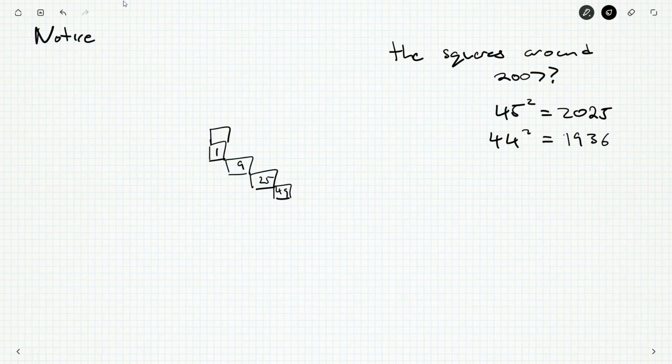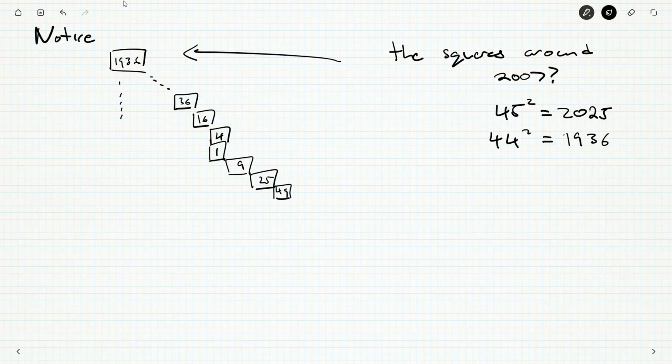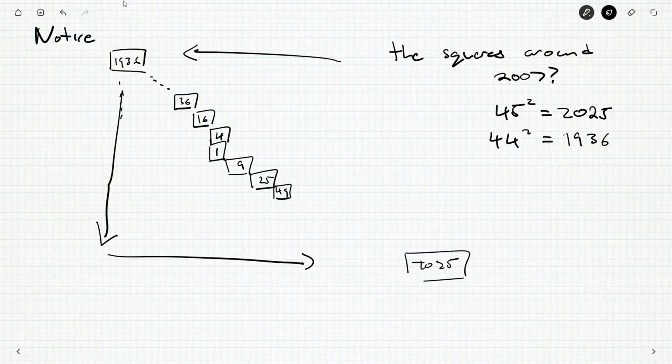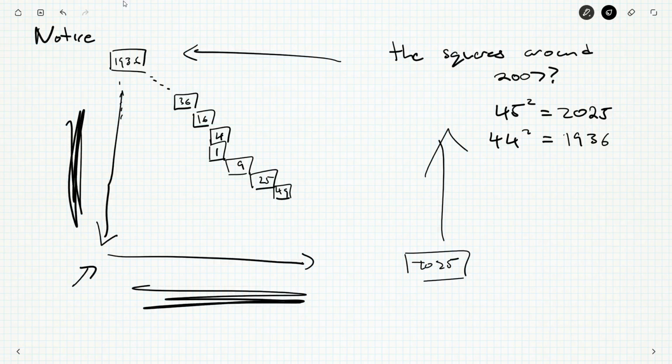And then the even squares go off like this. So at some point out here, we're going to get 1936. We always approach the even numbers this way, and we go down from here. Then we head over, and eventually we hit 2025, and we start heading up. So now, where is 2007? Is it right here on the corner? Is it somewhere along this vertical? Or is it somewhere over here? Okay, how could we figure that out? That's the challenge now.